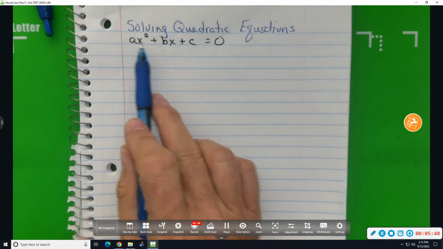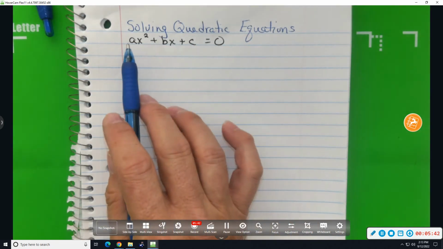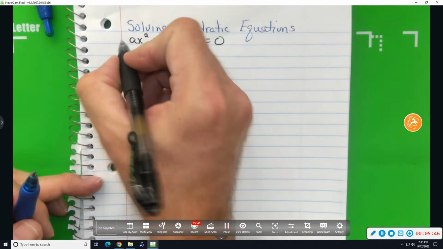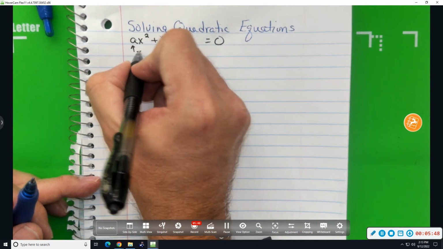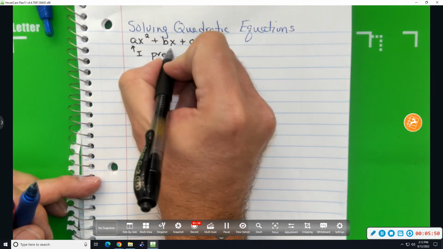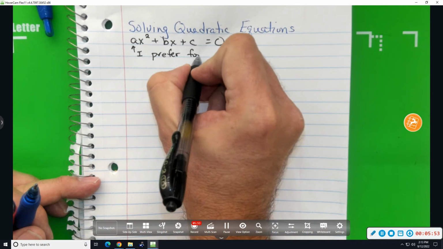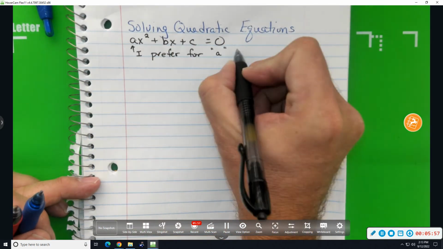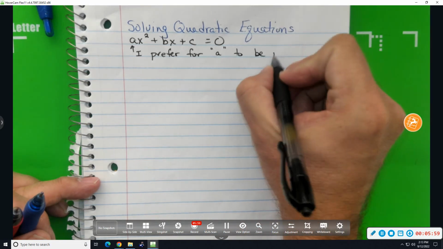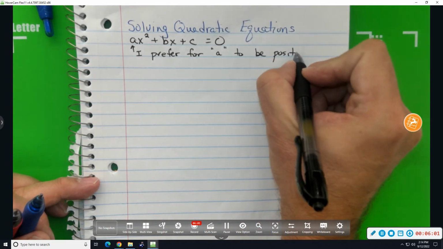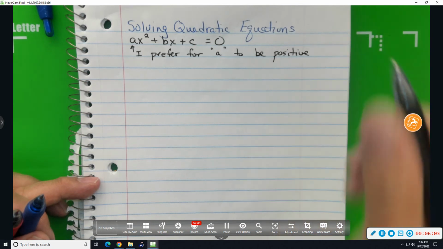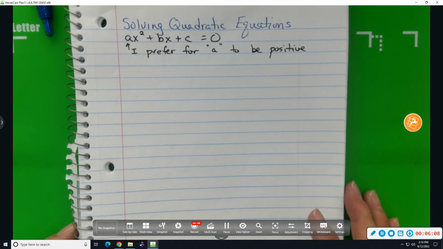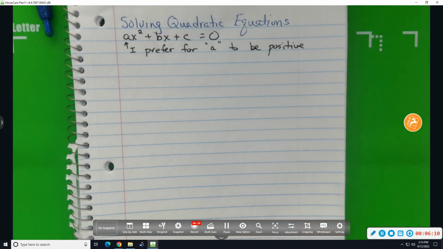When I'm solving a quadratic equation, it doesn't matter which method I'm using, I prefer for this first number, a, to be positive. Now that's not any sort of rule. It's just my little guide. I think it makes it easier to solve, regardless of the method that we're doing.